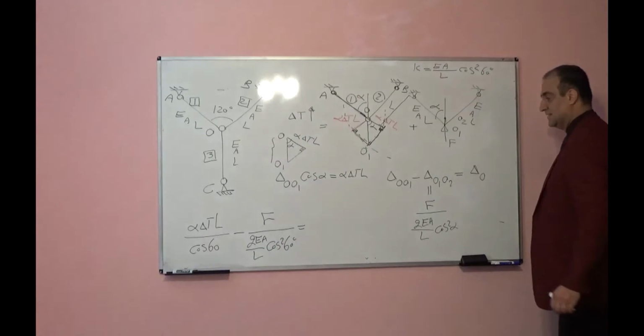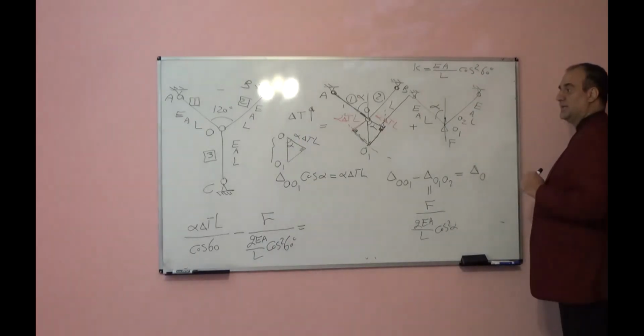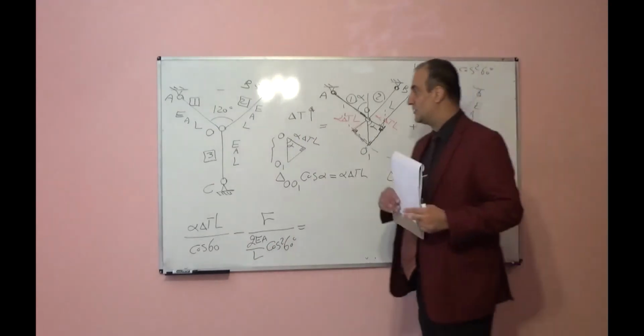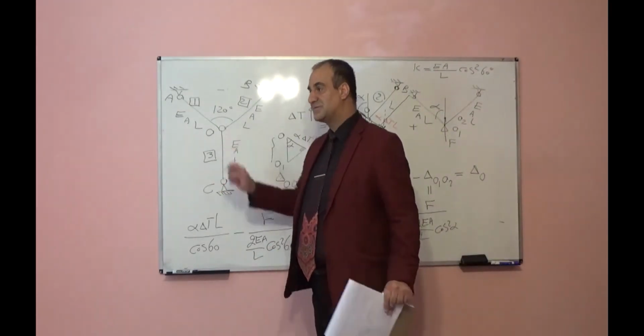Finally, that will be equal to final deformation of point O. Final deformation of the point O will be internal force in this member divided by stiffness of this member.